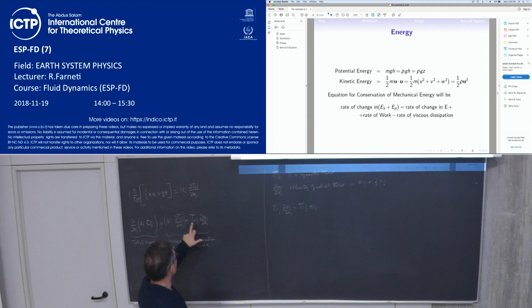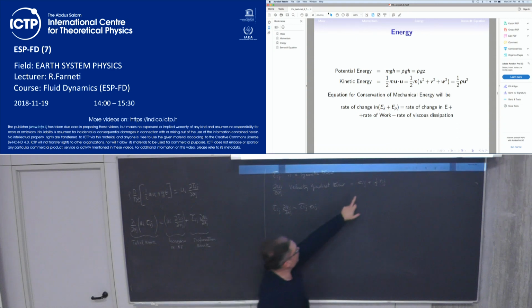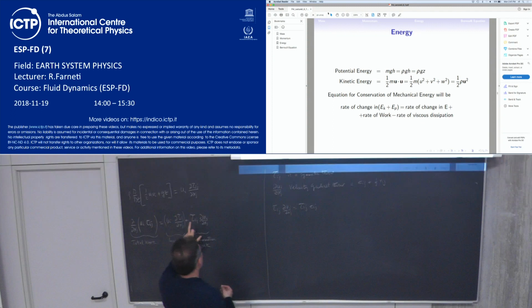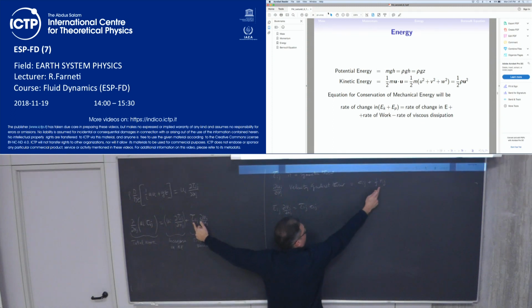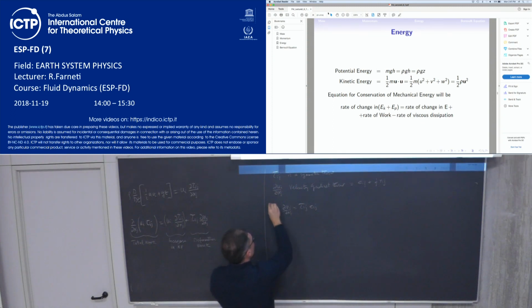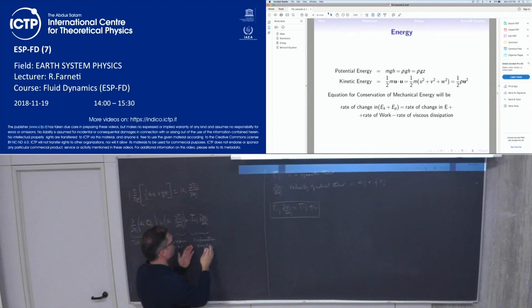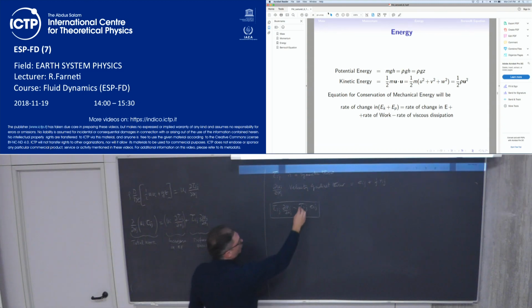And so this term, this is a symmetric tensor, and this tensor has two components. A symmetric and an antisymmetric one. So symmetric times the antisymmetric is equal to 0. And so the only component left is this. So now we know that this deformation work term can be written with the strain rate tensor.